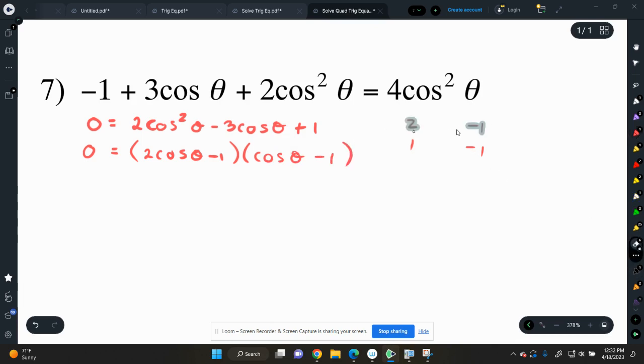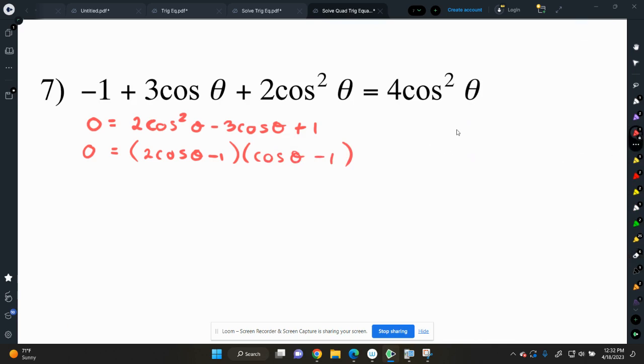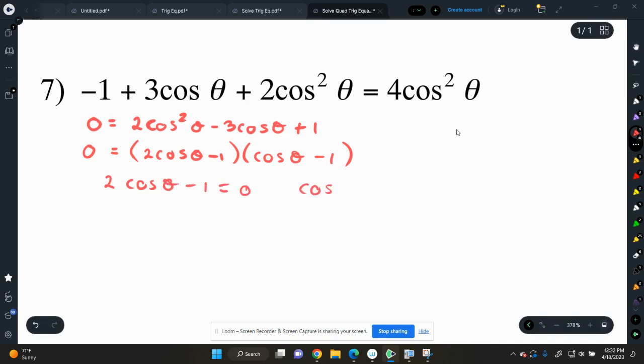Okay, so we're going to set 2 cosine theta minus 1 equal to 0, and cosine theta minus 1 equals 0. So we get 2 cosine theta equals 1, so cosine theta equals 1/2. So theta equals the inverse cosine of 1/2.